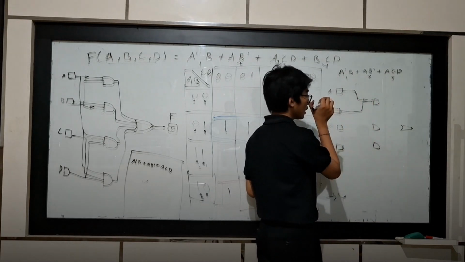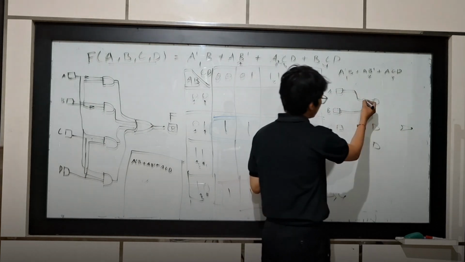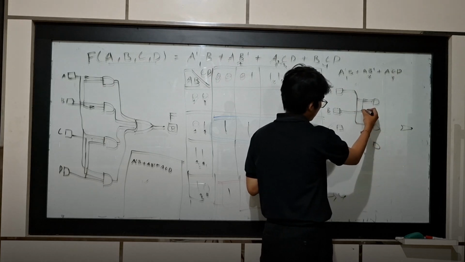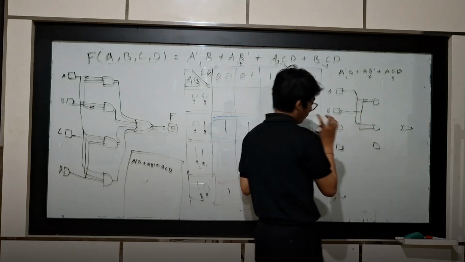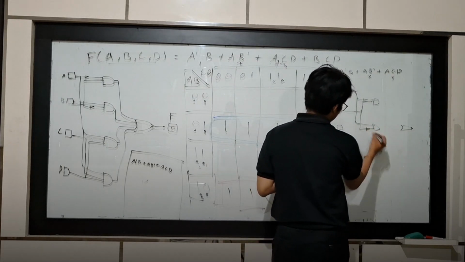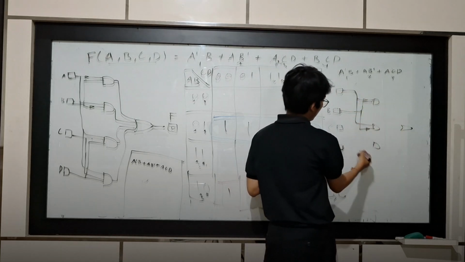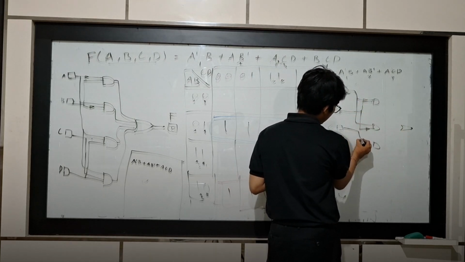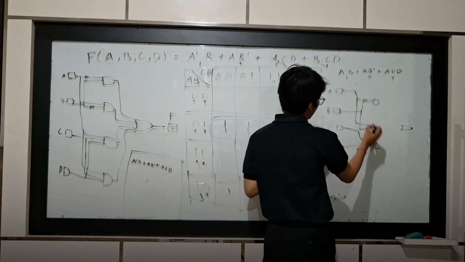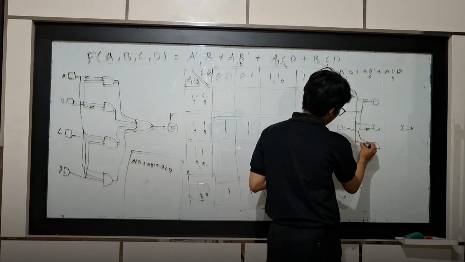And then the second AND gate is A times B inverse, so A and then B, but the B is inverse, so I'm gonna make it like this. And then the last expression is just ACD. So the C is connected to the third, and the A is also connected to this expression.